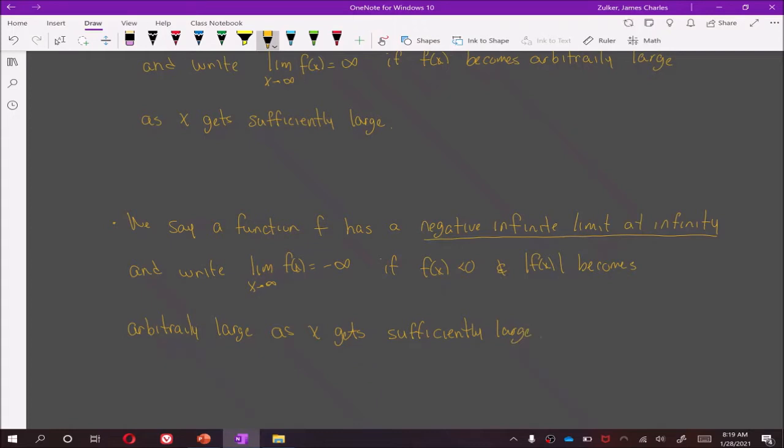And similar definitions can be formed if x is approaching negative infinity.